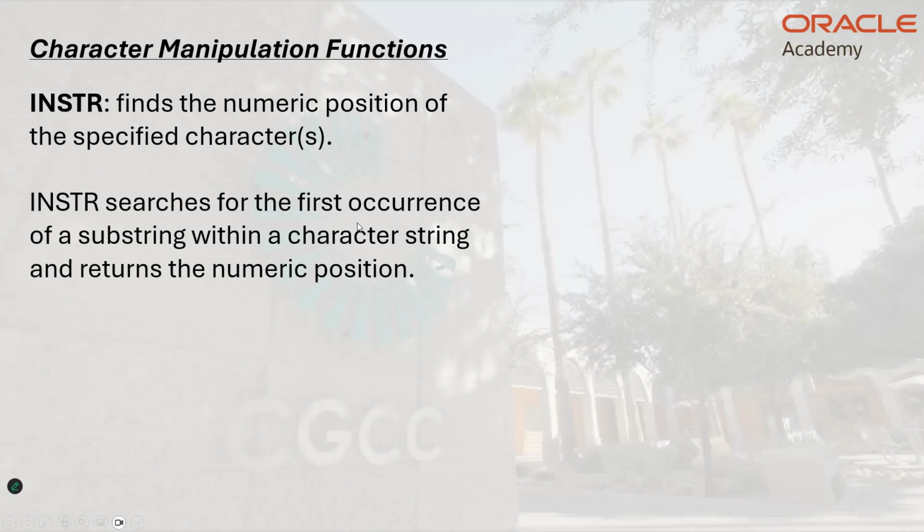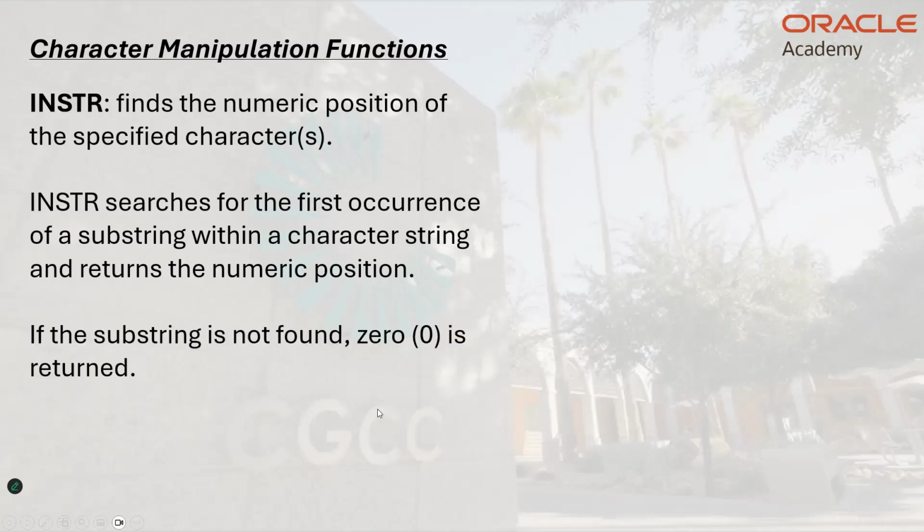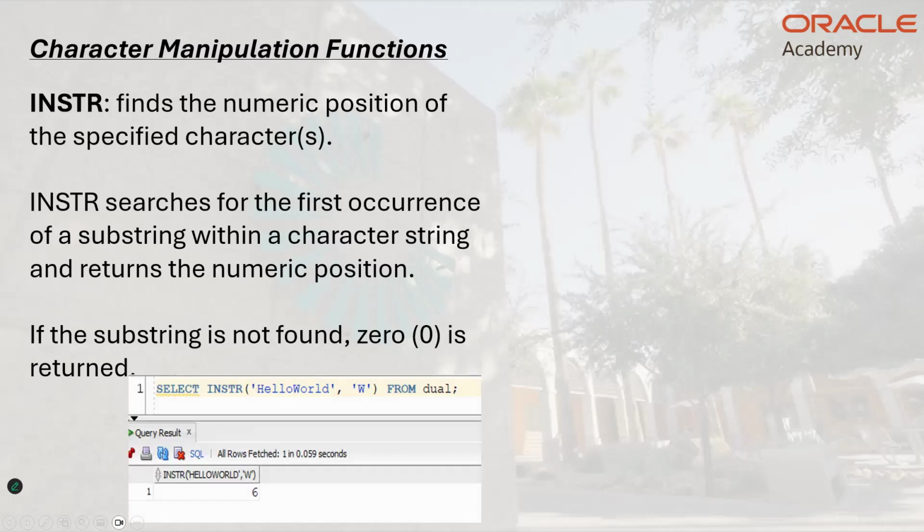So it searches for the first occurrence of a substring within a character string and returns the position. If the substring is not found, 0 is returned. Remember that. If it doesn't find the spot where that character or substring exists, it will return a 0.